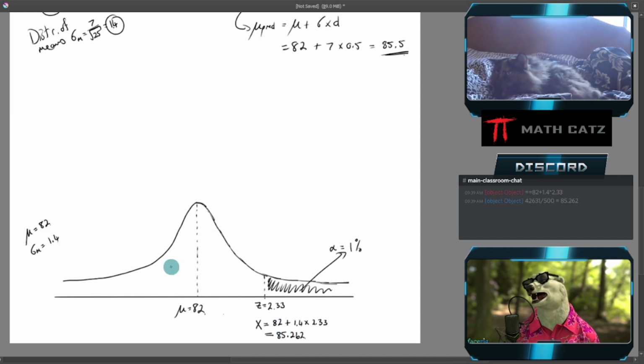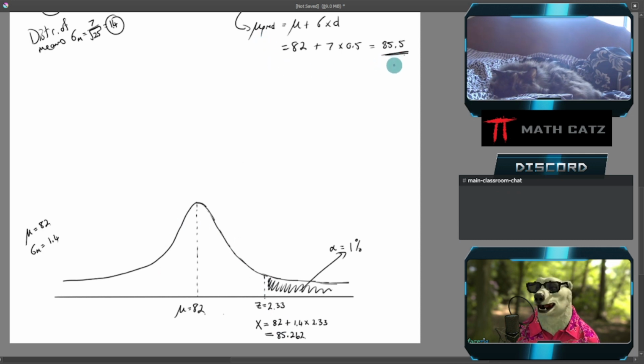We want to investigate that scenario. Now, if my predicted mean is accurate, then the true distribution is not actually sitting here at 82. It's actually sitting at 85.5, which is slightly more than the cutoff score.